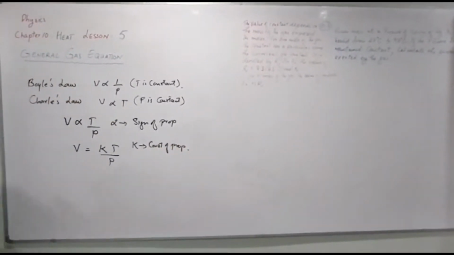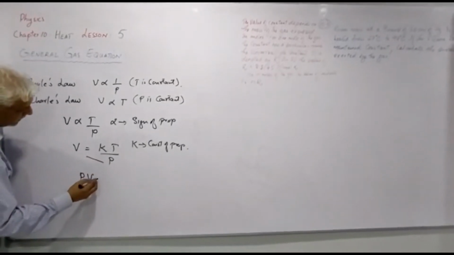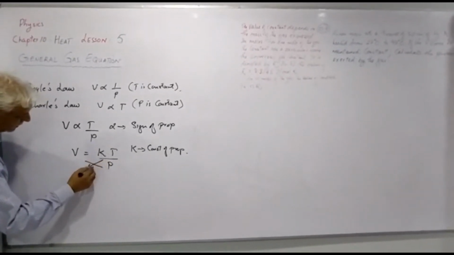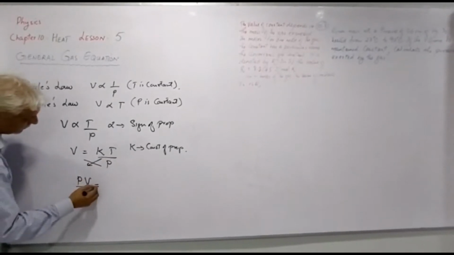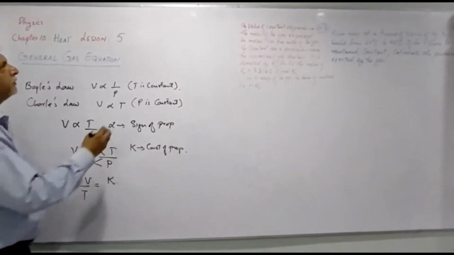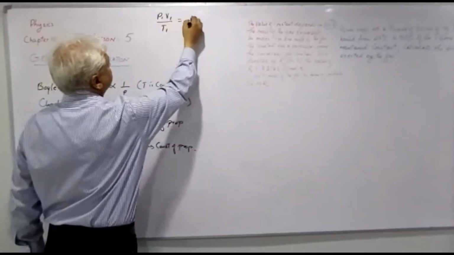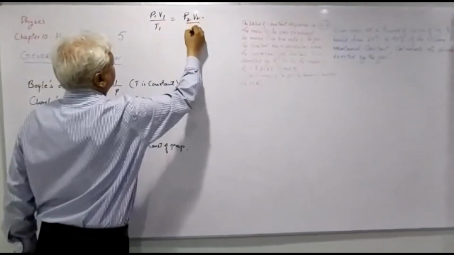Now, when you cross multiply, we get PV upon T is equal to K. Or we can write it down as P1 V1 upon T1 is equal to P2 V2 upon T2.